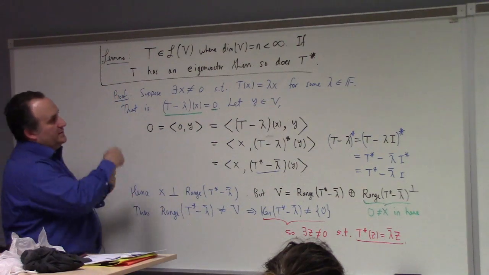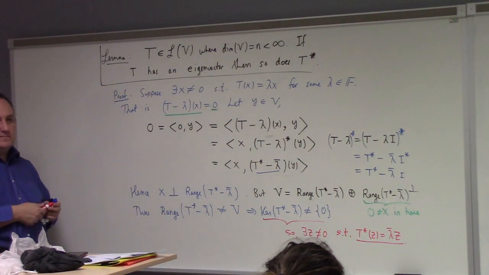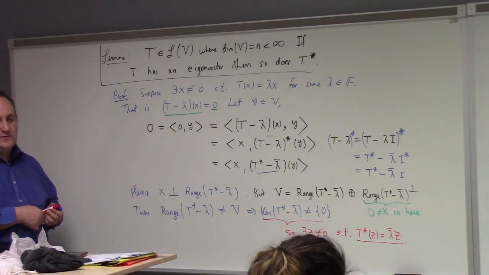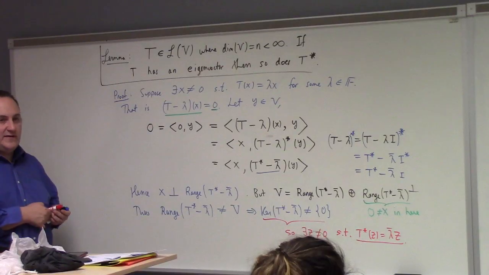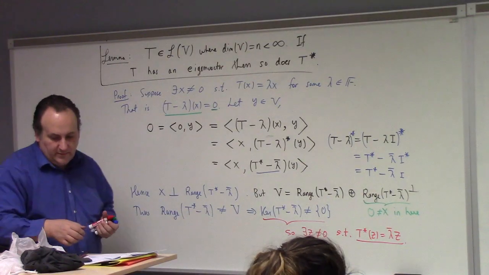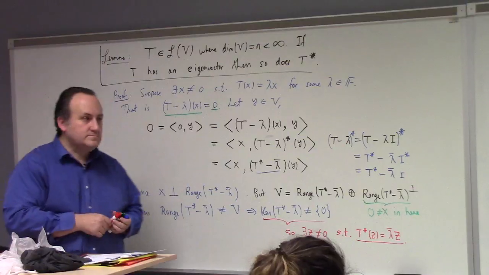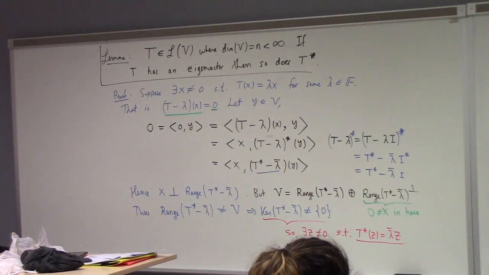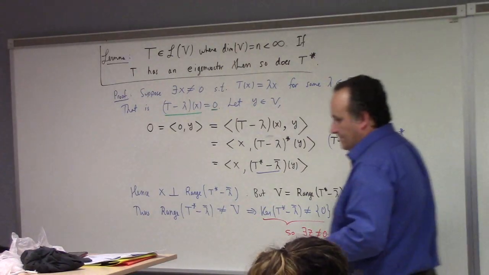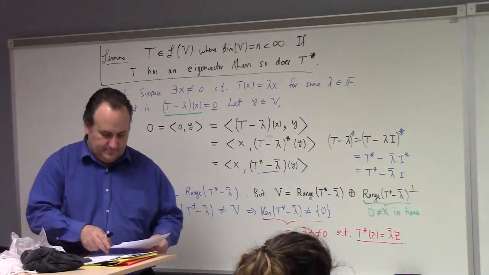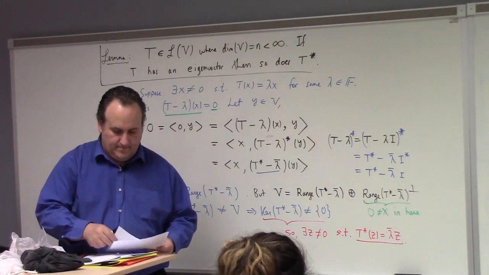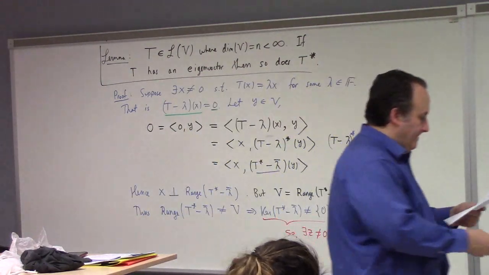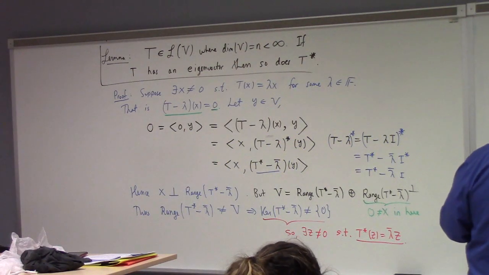Which is to say that the adjoint has an eigenvector. Actually, we get to say a little bit more. Not only does the adjoint have an eigenvector, it has an eigenvector with eigenvalue the complex conjugate of lambda, right? All right.